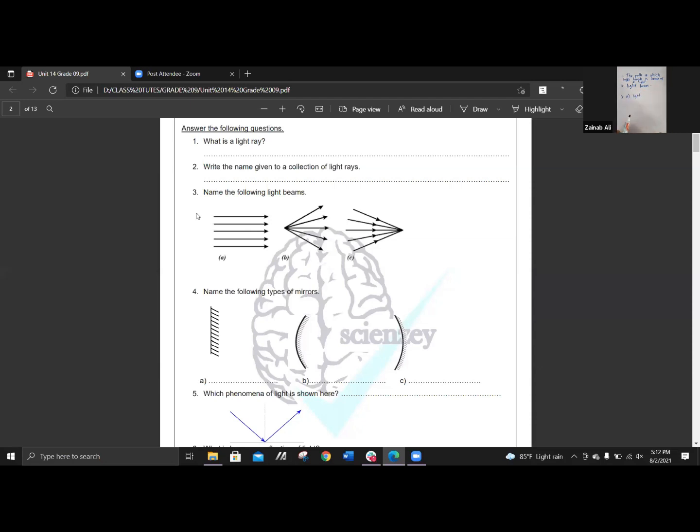Then I need the answer from Fatima Humeina. Can you answer this B one? Is it a converging beam or a diverging beam? Yes, Sarah, what is your answer? B, what is it?